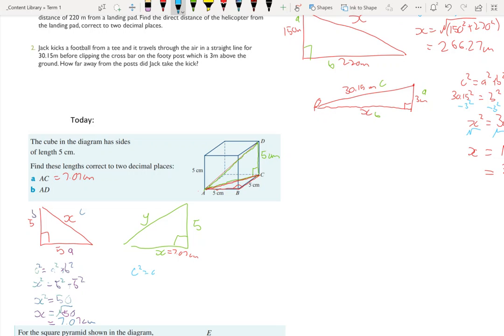C squared equals A squared plus B squared. And C we said is Y. The hypotenuse we're calling Y. Sorry, I didn't actually write what my a, b, and c are. a is 5. And then b is 7.07.